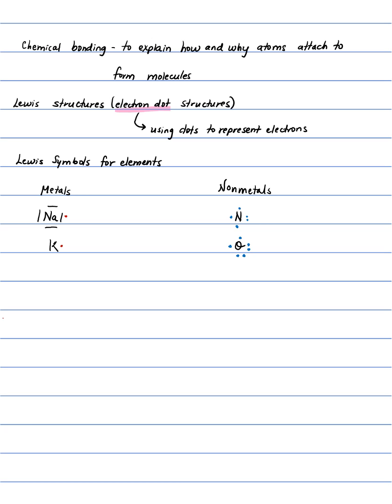So for oxygen, I have 2 pairs of electrons and then 2 lone electrons, because it's just one electron by itself. One right here and another one right here. So for nitrogen, we have 3 lone electrons, single electrons, and then one pair of electrons, that pair right there.